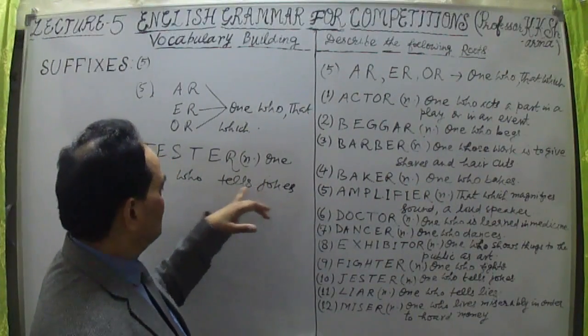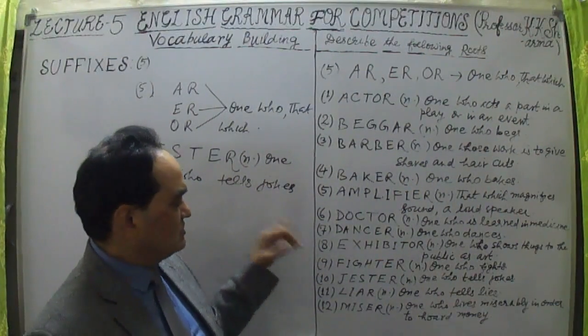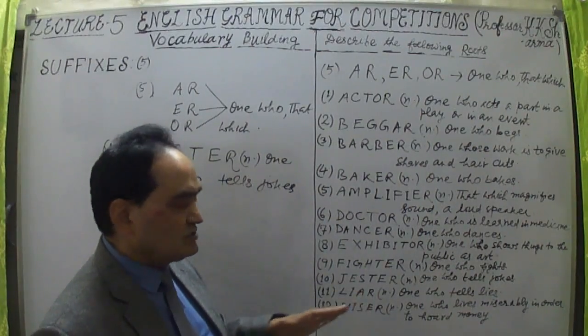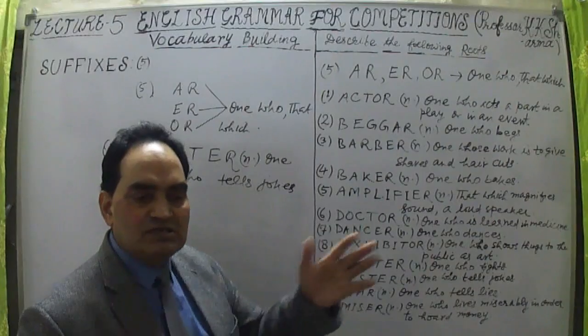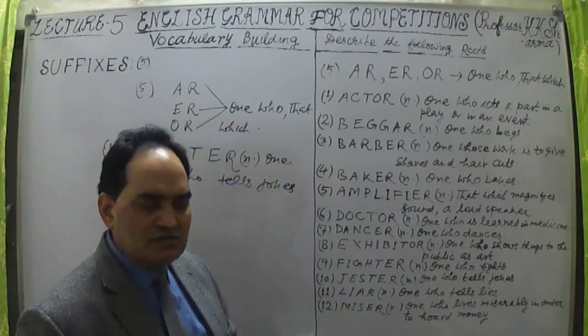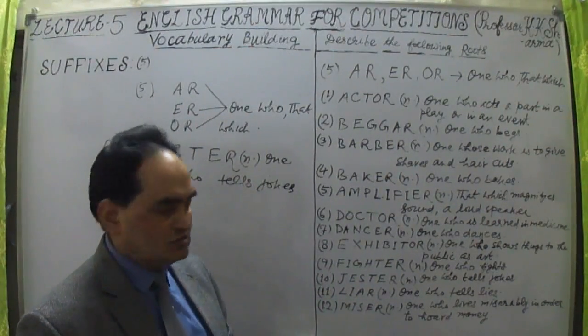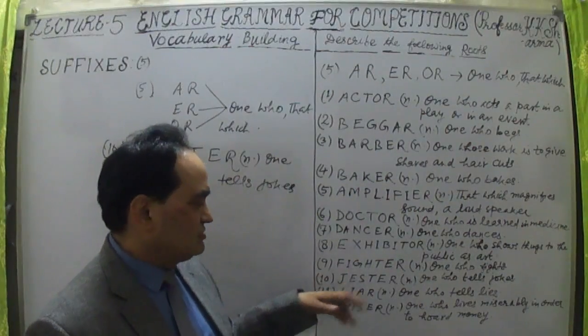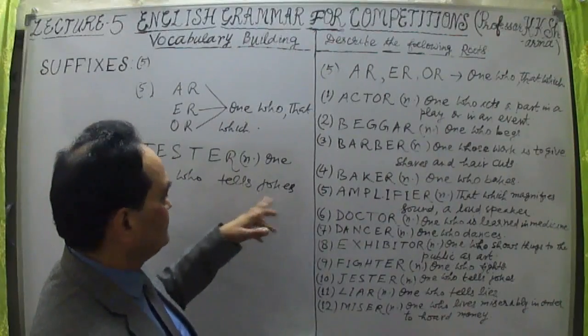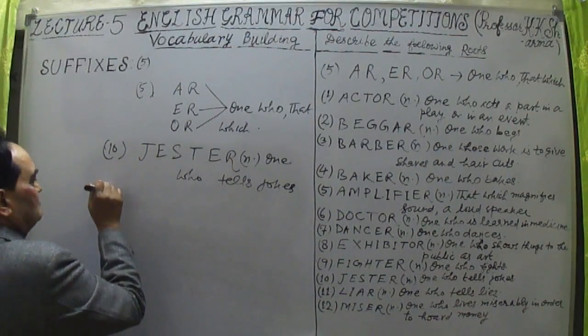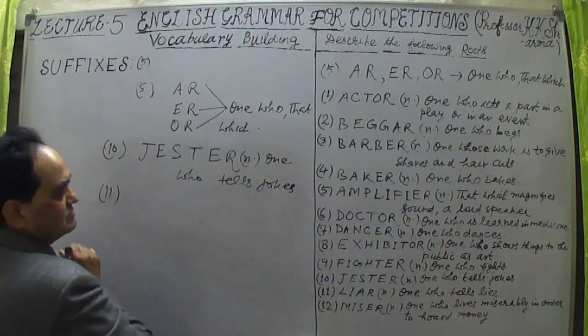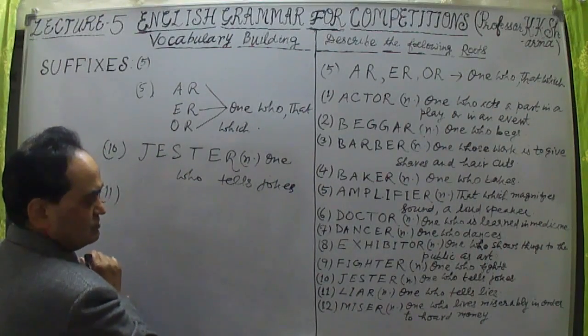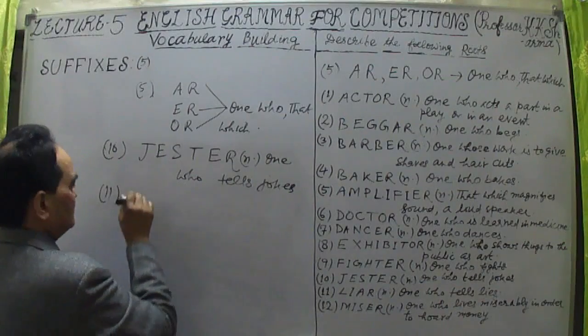So that person, one who tells jokes, is a jester. One who tells jokes upon which the public is laughing, smiling. His work is just to tell the jokes so that the public can smile. That is a jester. Then the 11th word, let me take. Word number 11 is liar.